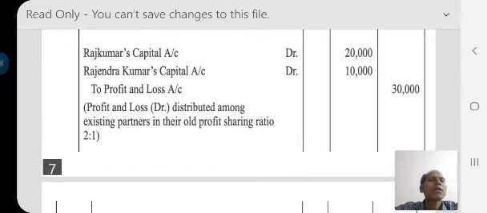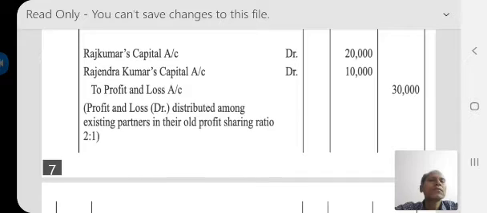So that should be distributed. This is a loss, so this should be debited to the capital accounts of the old partners. This loss is concerned to the old partners. They have to bear.